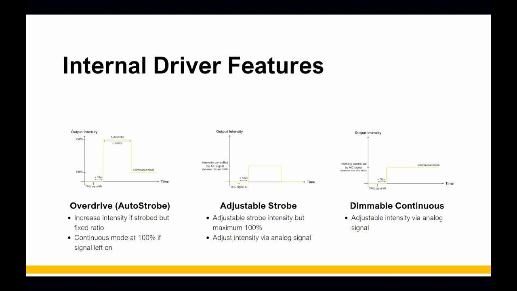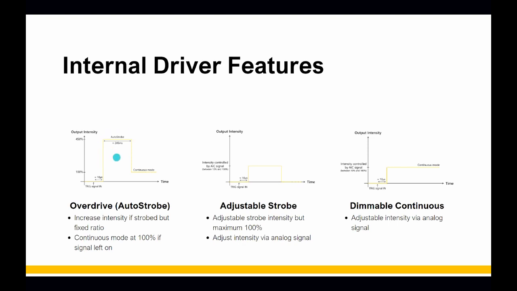So what FE-Lux has is this overdrive auto strobe feature, and essentially what that means is a trigger signal will come in, so your signal will be high, and for the first 245 milliseconds, the light will be overdriving at 450% intensity, and every light will have a different one.